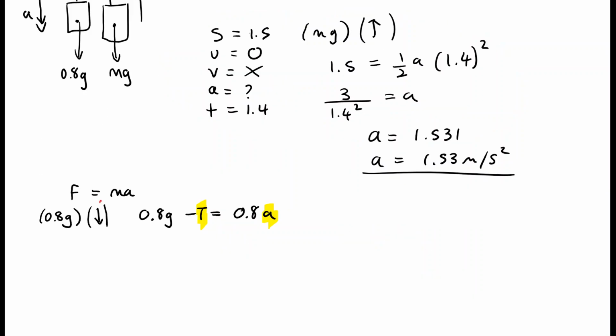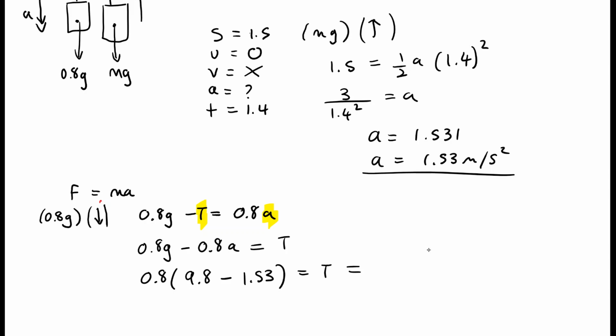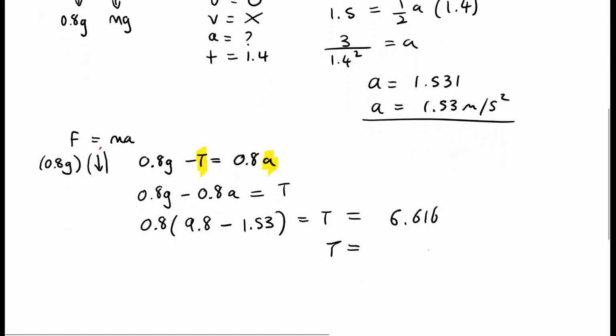Just so with a known, 0.8g minus 0.8a is equal to T. So 0.8 bracket 9.8 minus 1.53 is equal to T, and that makes T 6.616. So the tension is 6.6 newtons.